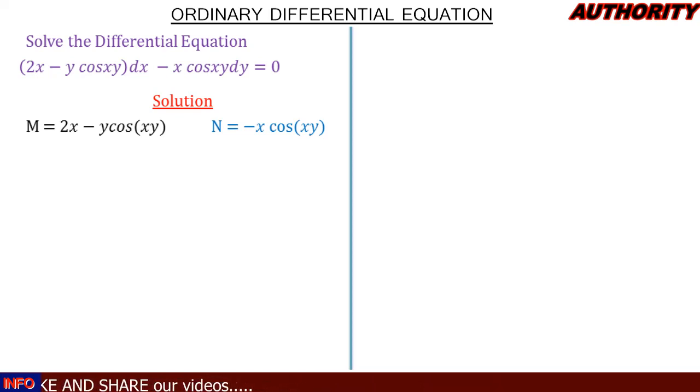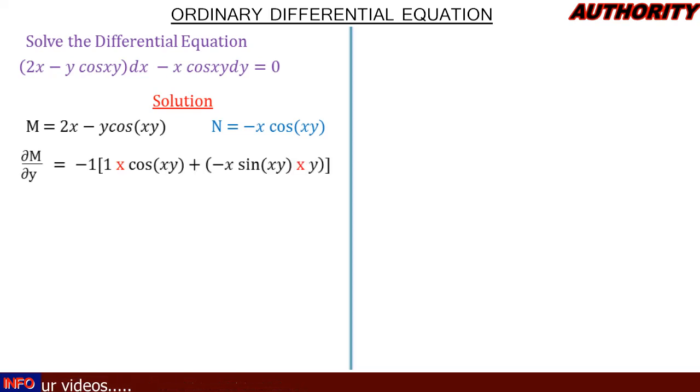Now let's factor out minus 1, so let's put it outside the bracket this way. And then we have y cos xy, and we are to differentiate partially with respect to y. In this case, we are going to apply the product rule.